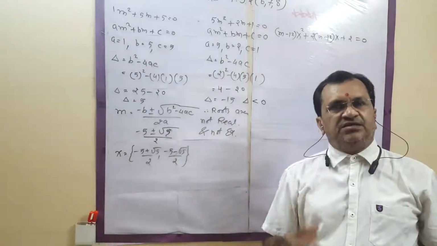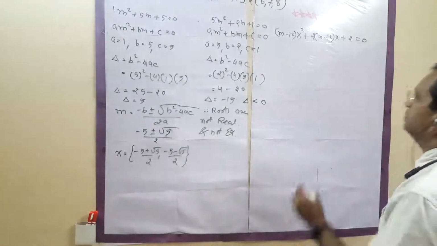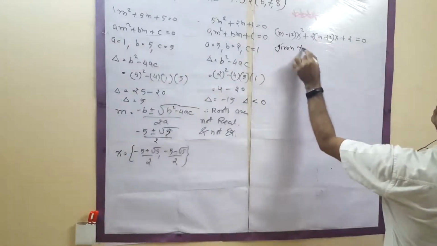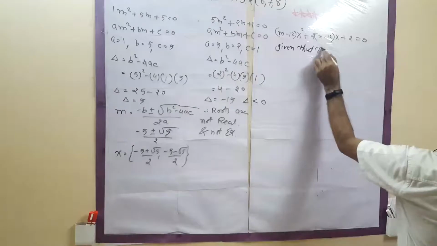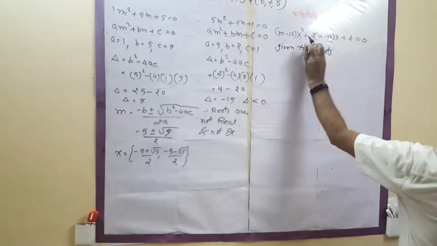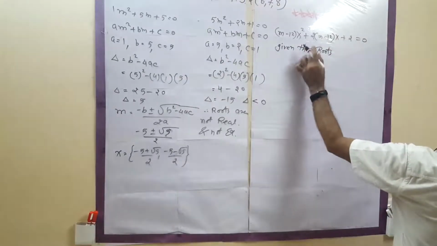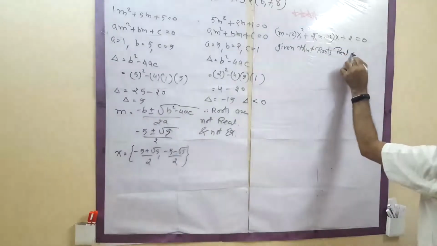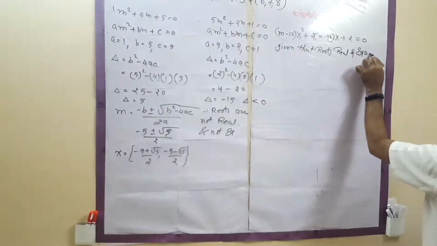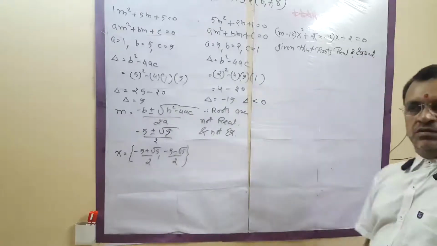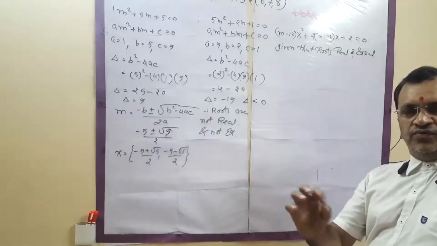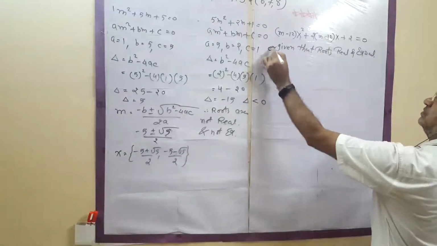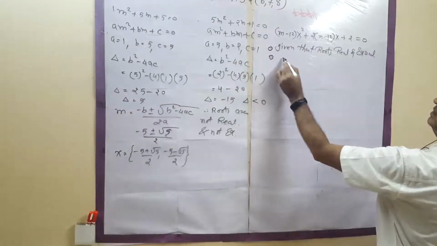Roots are real and equal. Given, four steps independently you have to write. This is first, second.